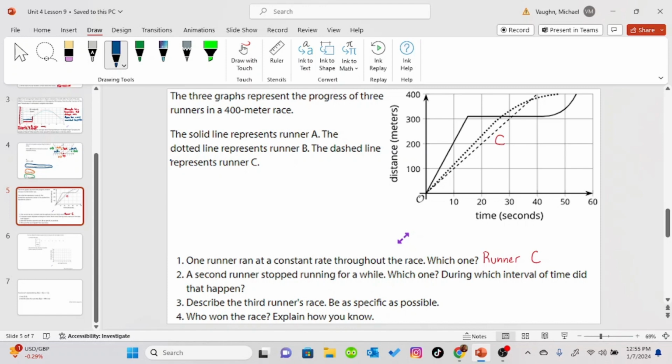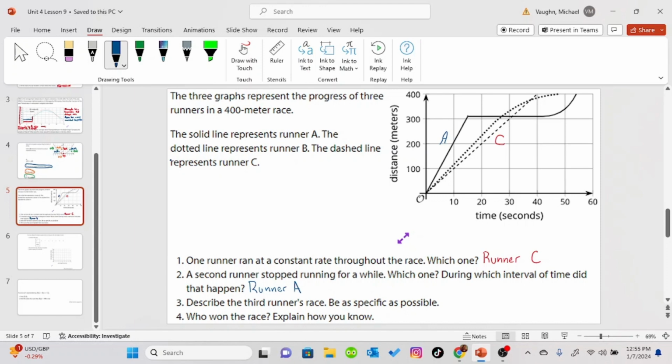It begins to go up, and then just above 300 meters, we see it flatten out for a while until it finally starts to pick back up and finish out at the end. The solid line was runner A, so number 2 is runner A.